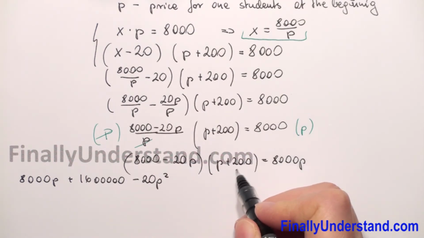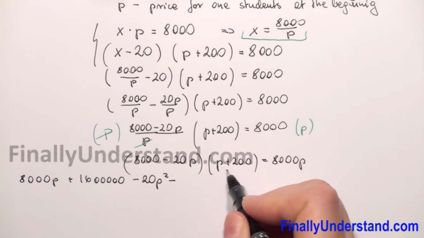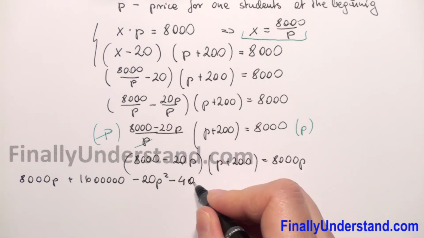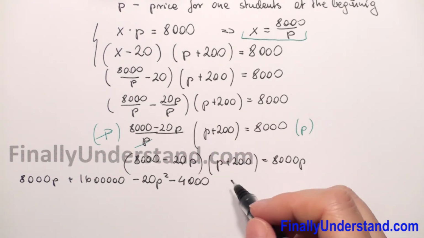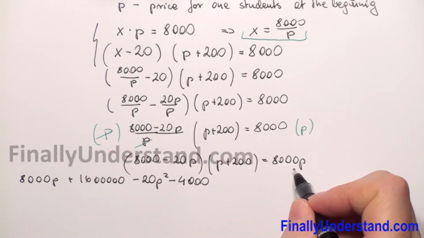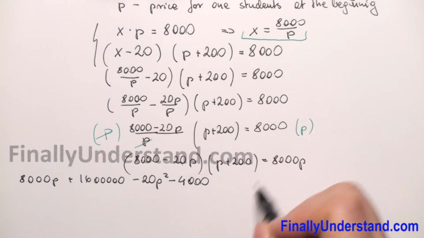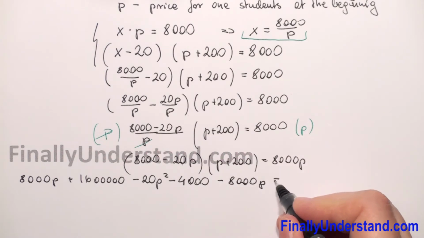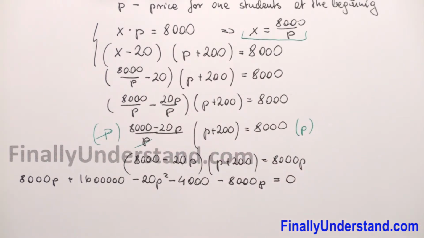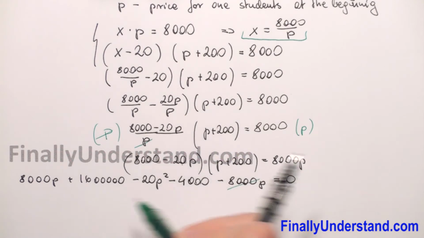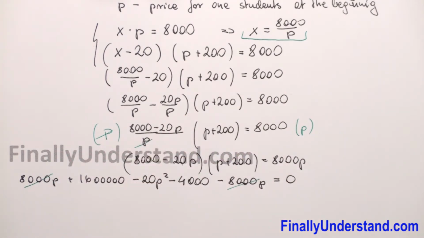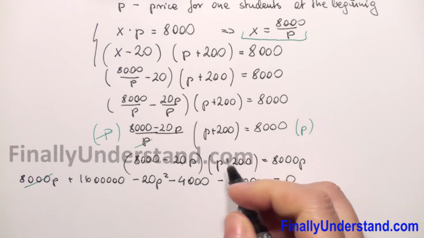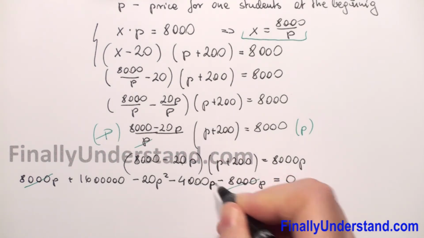Negative 20 times 200, so negative 4 and three zeros. Then I will move 8,000P to the left, so it will be minus 8,000P, and this is equal now to 0. We can reduce 8,000P, the like terms, and I forgot we have here 20P times 200, so it will be 4,000P, of course.